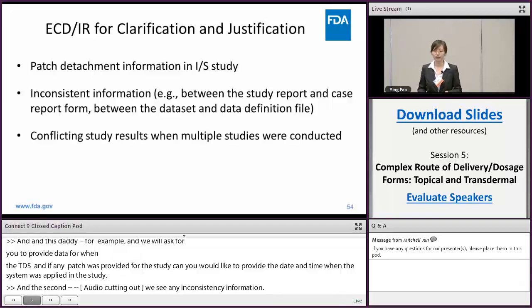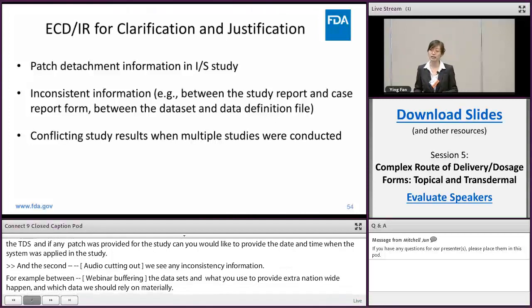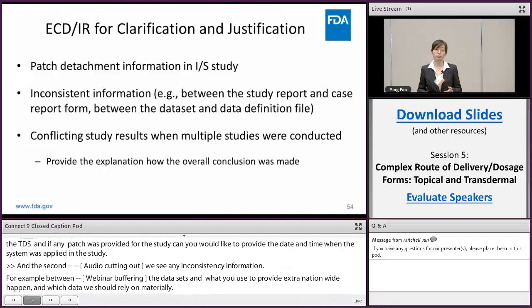Third, if we see conflicting study results when multiple studies were conducted, for example if you evaluated adhesion performance in multiple studies and some results pass the non-inferiority test while some fail, then we would like you to explain how the overall conclusion was made.